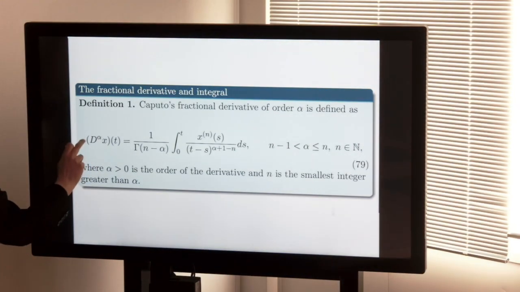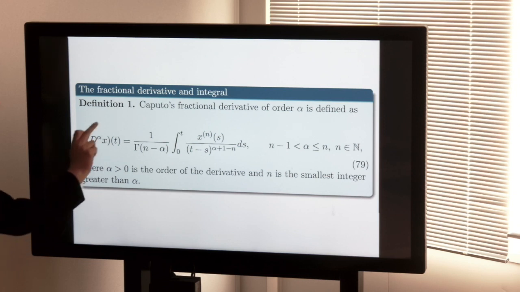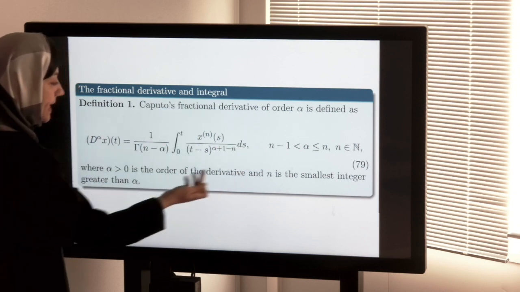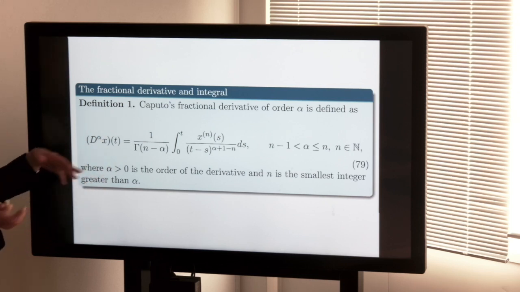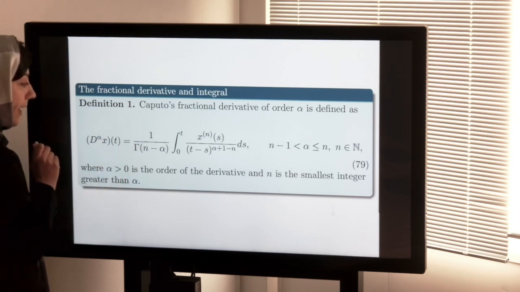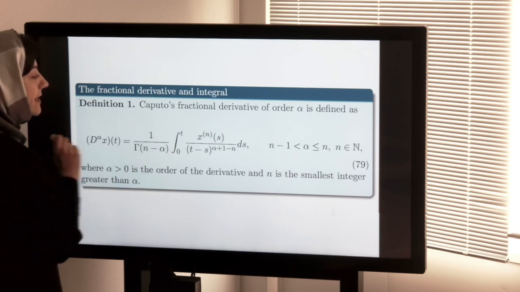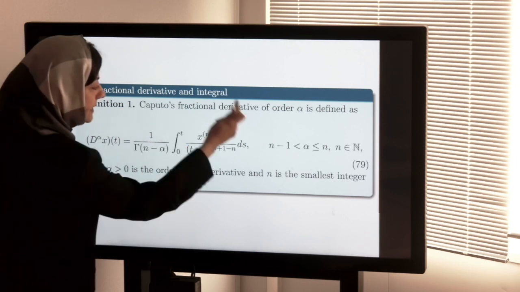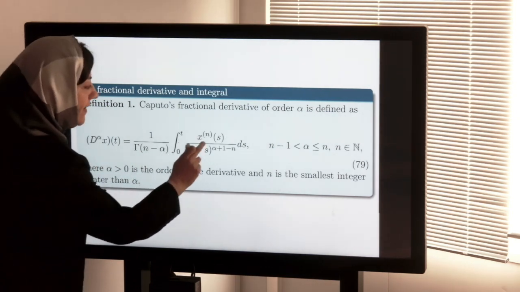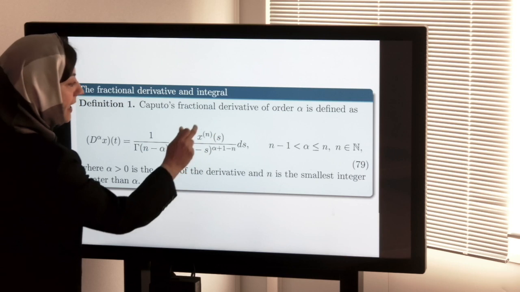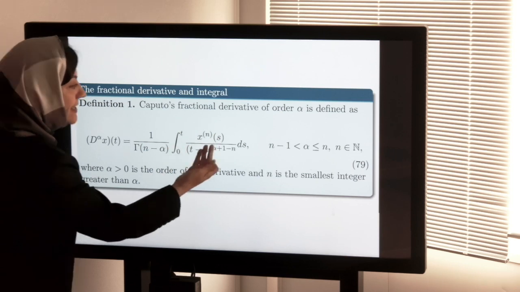And we say the Caputo fractional derivative of x equals this term, 1 divided by gamma, where gamma is the gamma function, of n minus alpha times integral 0 to t of this term. For Caputo fractional, we have the derivative of order n in the integrand.